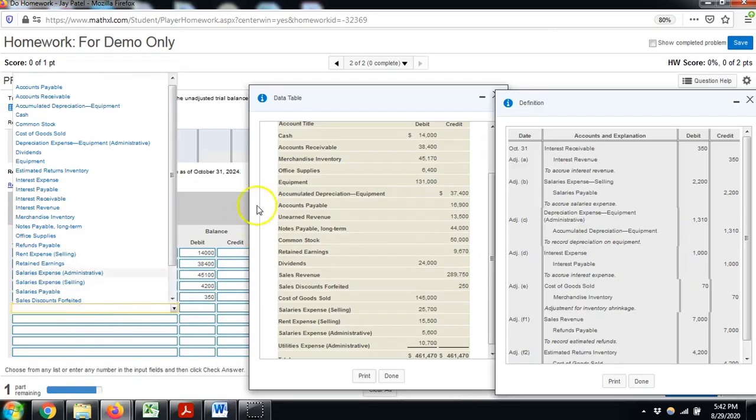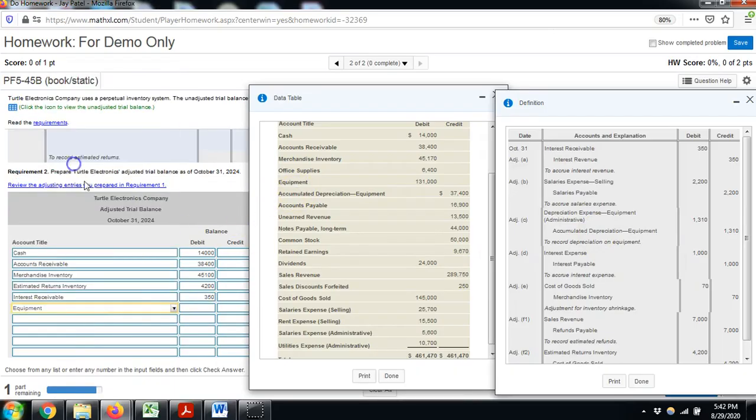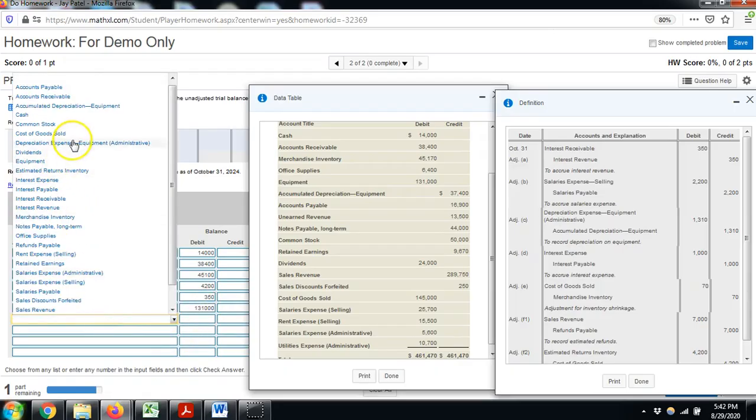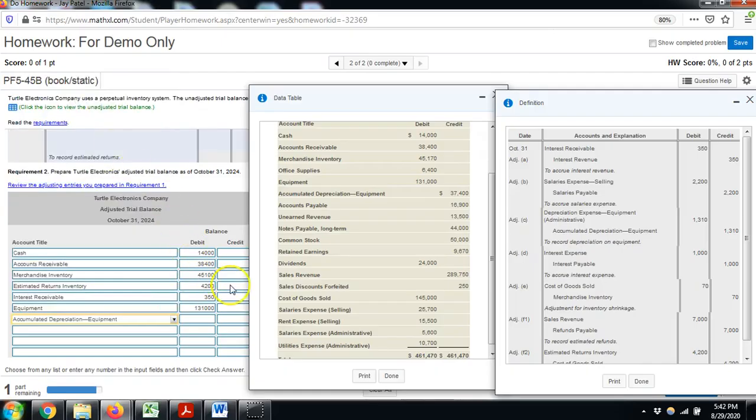We have equipment of 131,100. And then we have our accumulated depreciation for equipment. And so there was an adjustment here. The unadjusted balance is 37,400, and then we took an additional expense of 1,310. So when you add those together, you get 38,710.